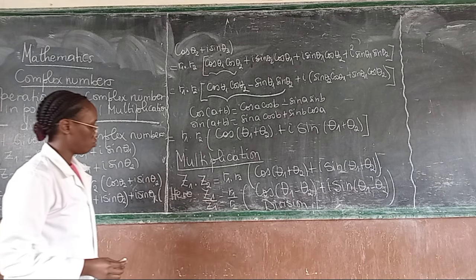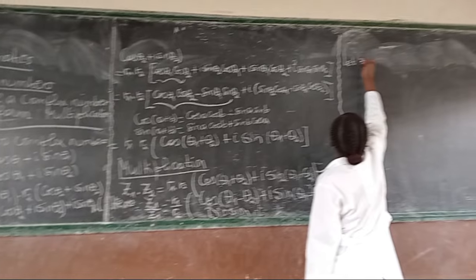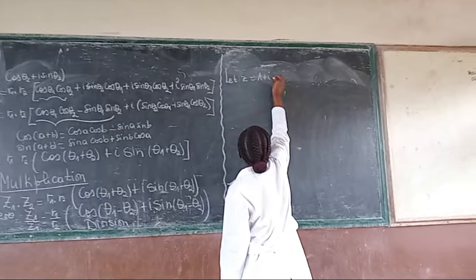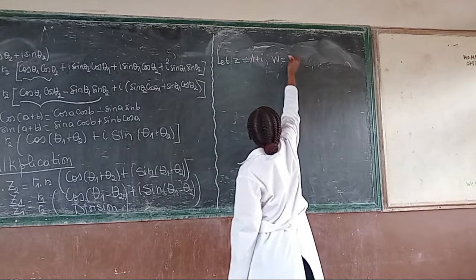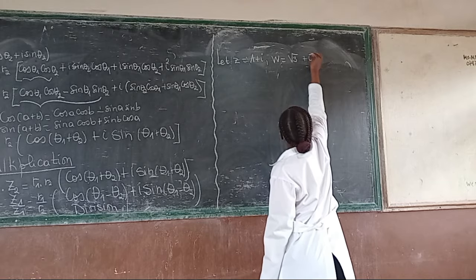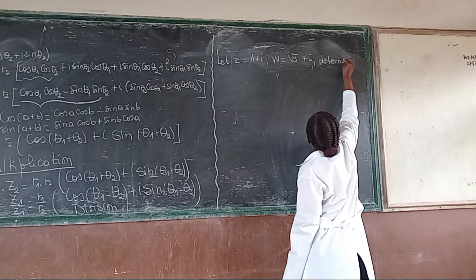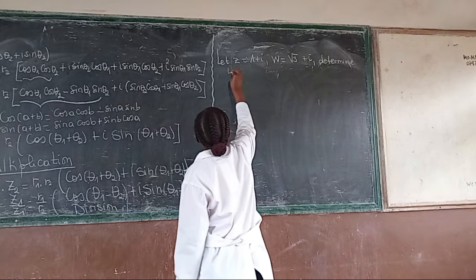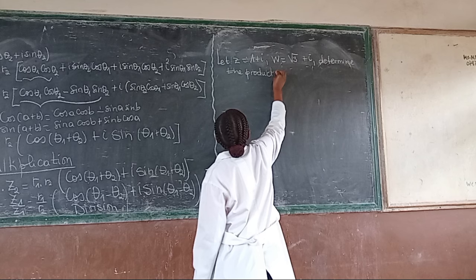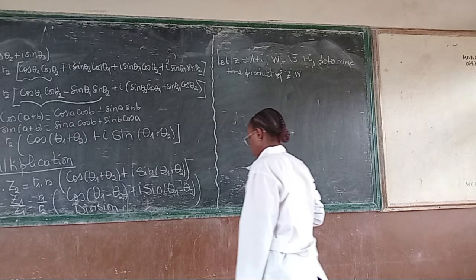So let's try to do an activity. Let z be equal to 1 plus i. Then we have w, which is equal to square root of 3 plus i. So determine the product of z times w.